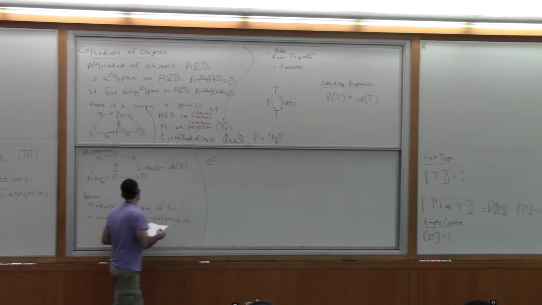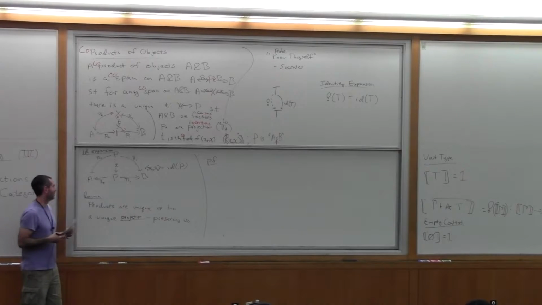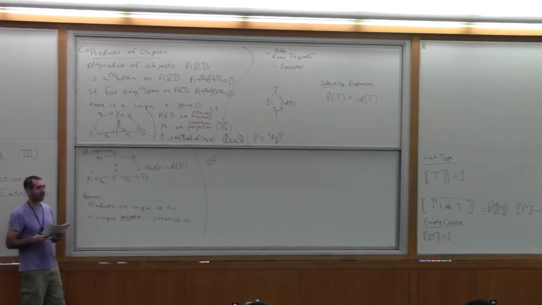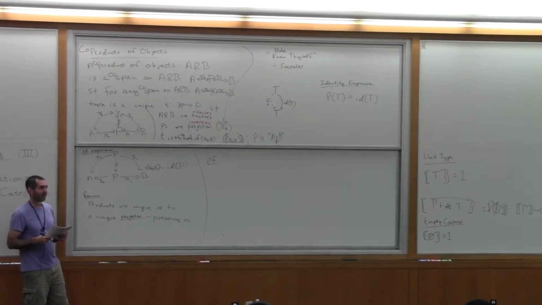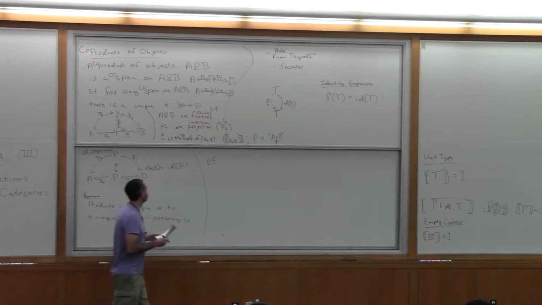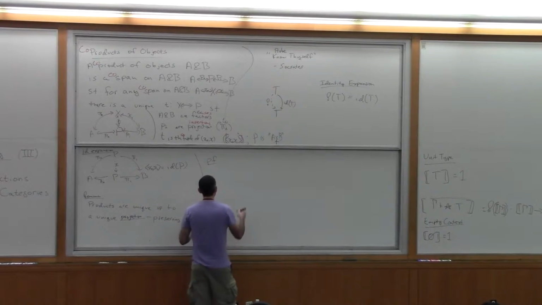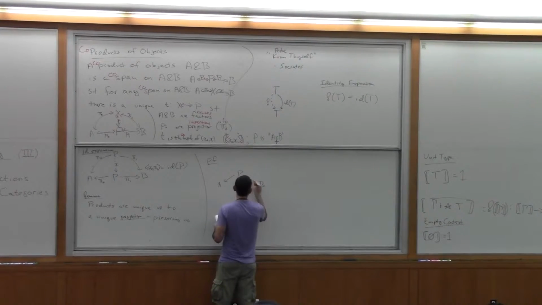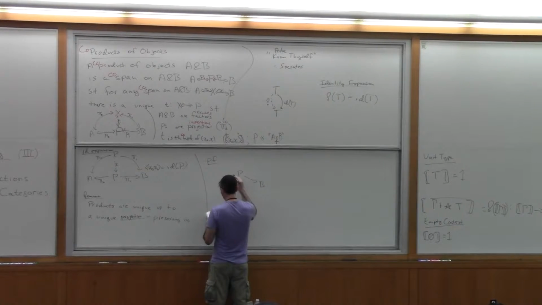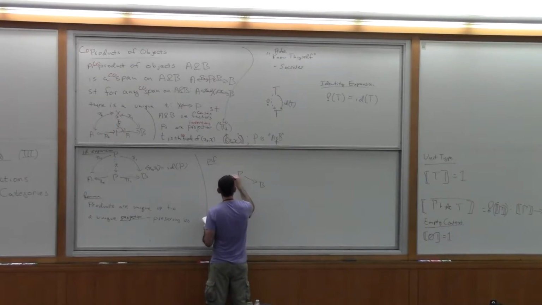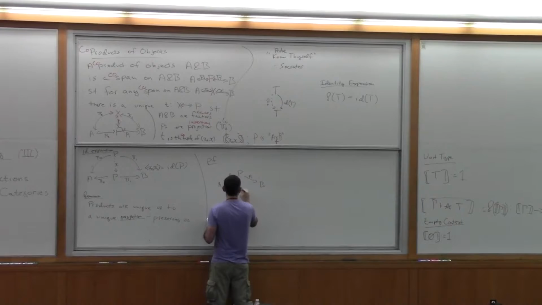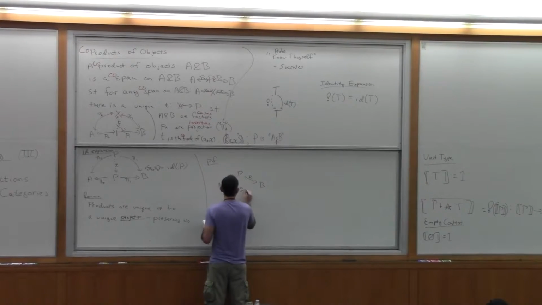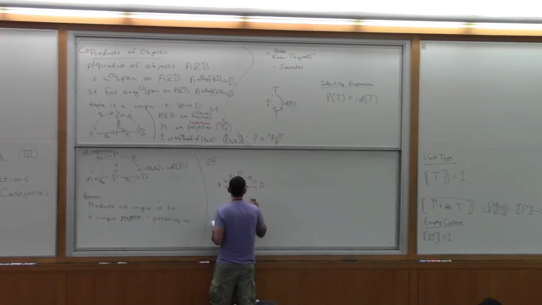So we want to show that something is unique. So what do? Fight Club, right? Someone said it. Okay, so here, P is a product of A and B with its projections. Let's say Q is another product of A and B with its projections.